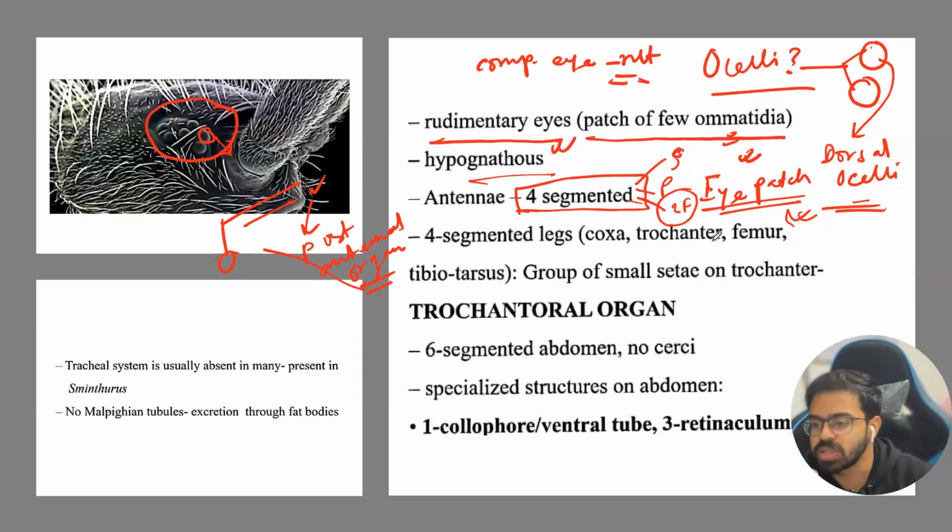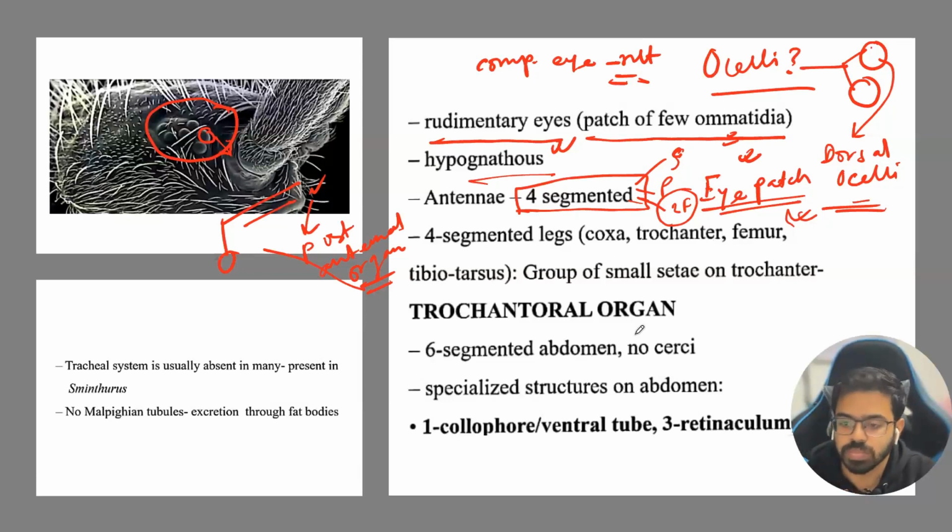Scape and pedicel are always musculated, there is no doubt. Flagellum are generally not musculated, but in Entognatha, except the last flagellar segment, they are musculated.